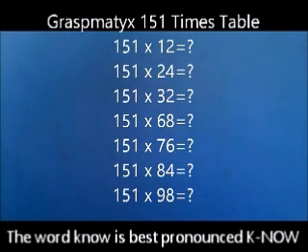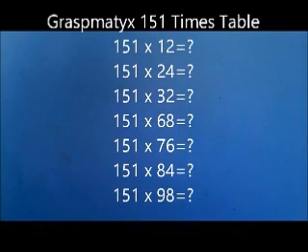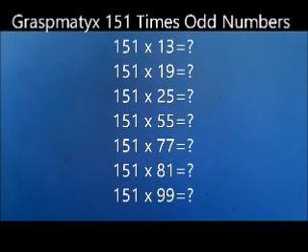Now, some of you, after doing this, say, wow, this is cool. However, I notice all your numbers here, Dr. Yates, are even numbers you're multiplying by 151. What if they were odd numbers? That's a very good question. I would say that's a perceptive question. One of the principles of Grassmatics is perception. You perceived that.